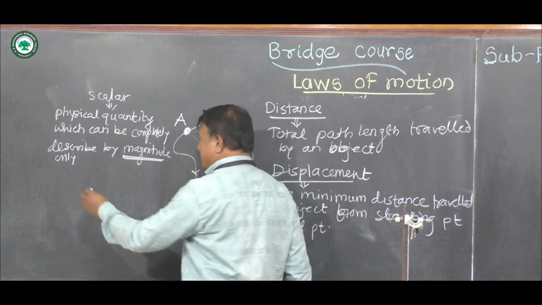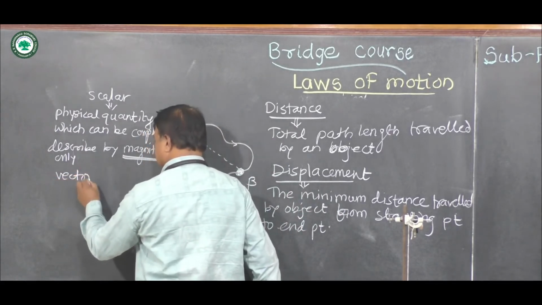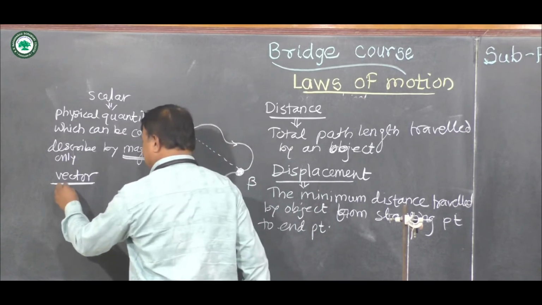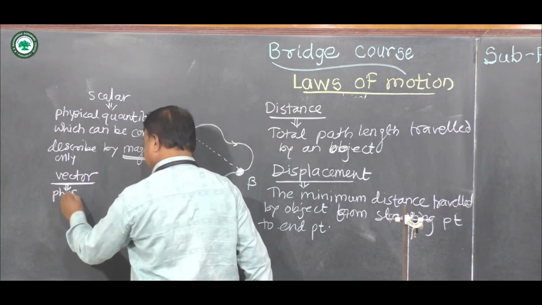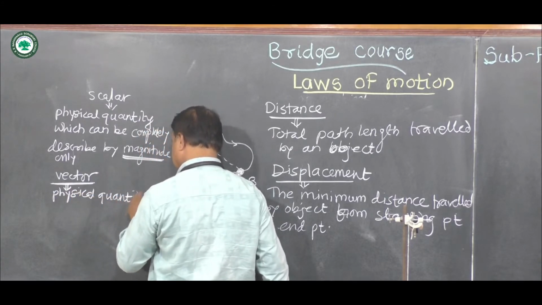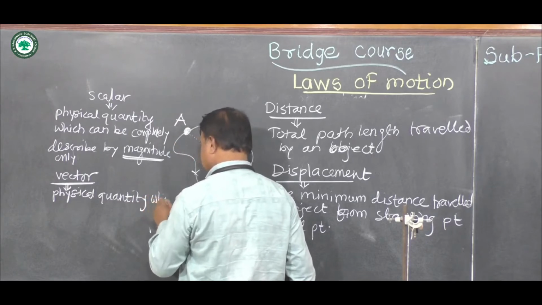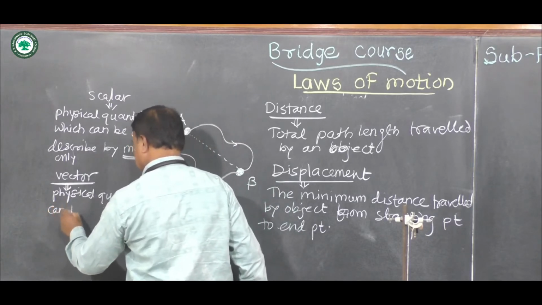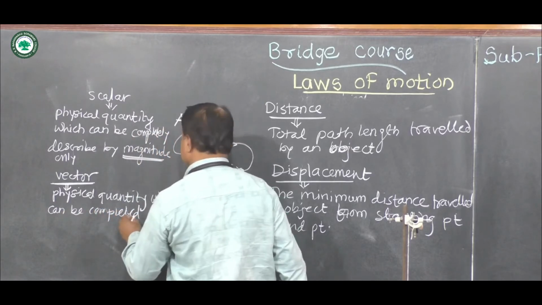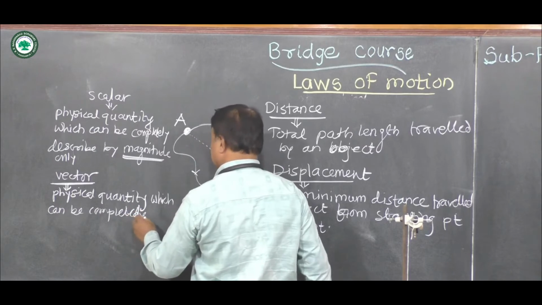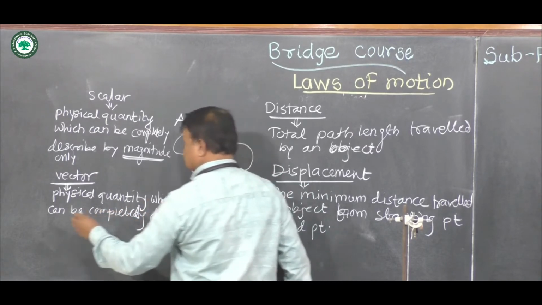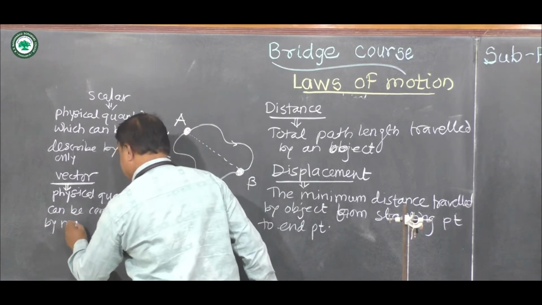Now we consider vector. A vector is also a physical quantity which can be completely described by magnitude as well as direction.